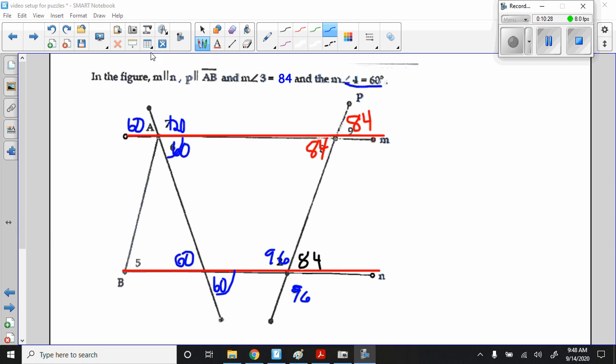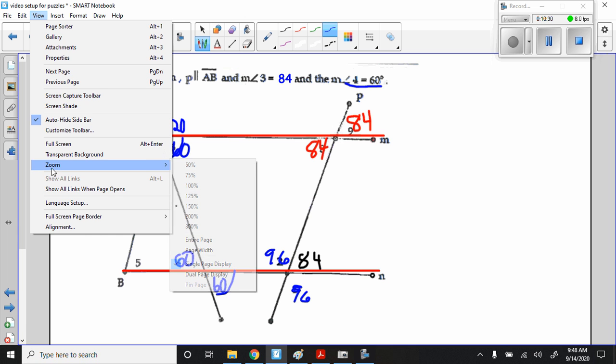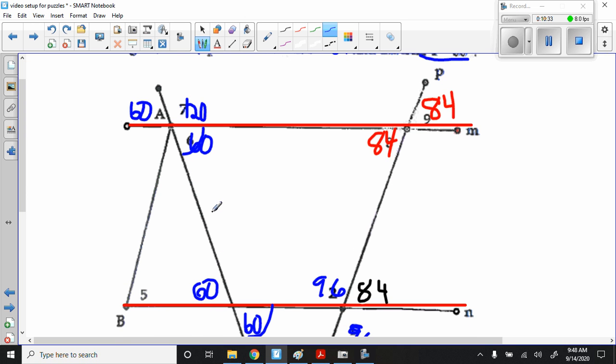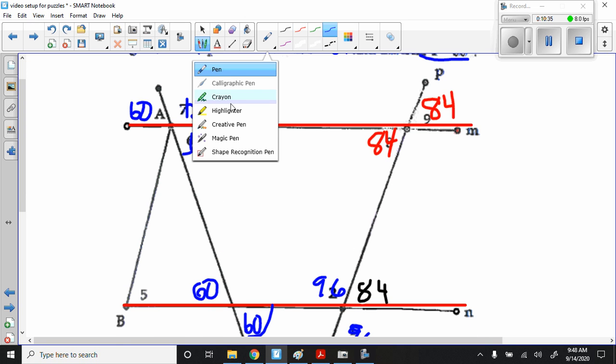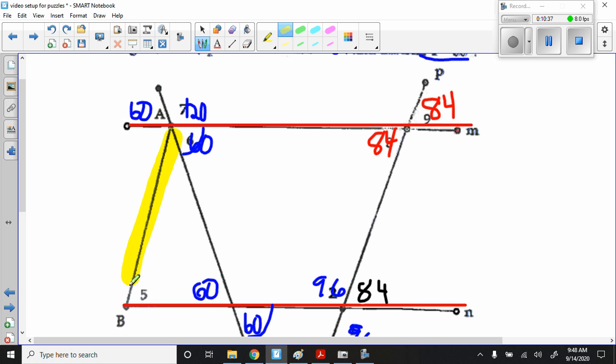All right, so what I'm going to have to do here is stop, because when I look at this triangle, if I found this angle up here, I'd be able to do the interior sum of this triangle.